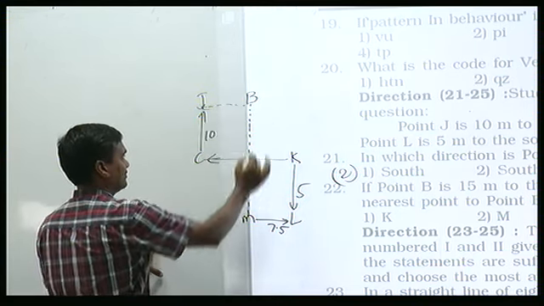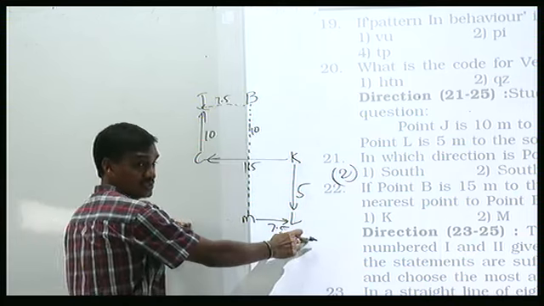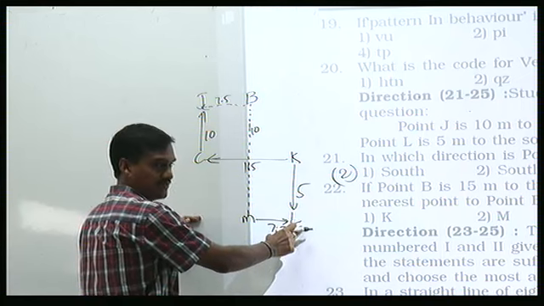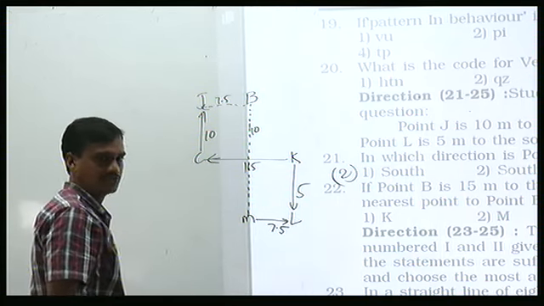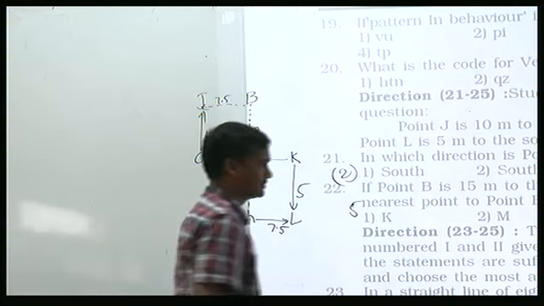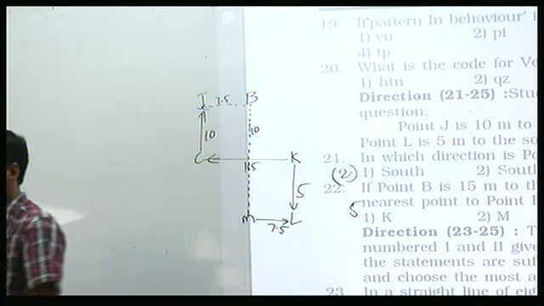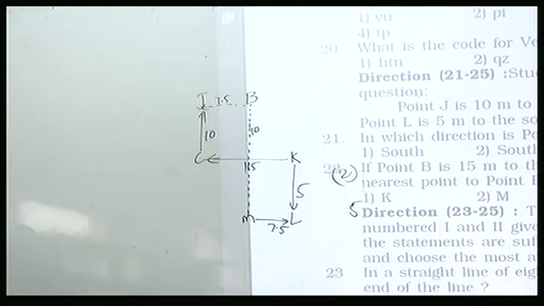J is nearest. Because this distance is 10 and this is only 7.5. Because the total distance is 15, out of which this is 7.5 and the remaining 7.5 is this one. And which point is nearer? Choice 5, J is nearer to this. And for question numbers 21 and 22, 2 and 5 are the choices.